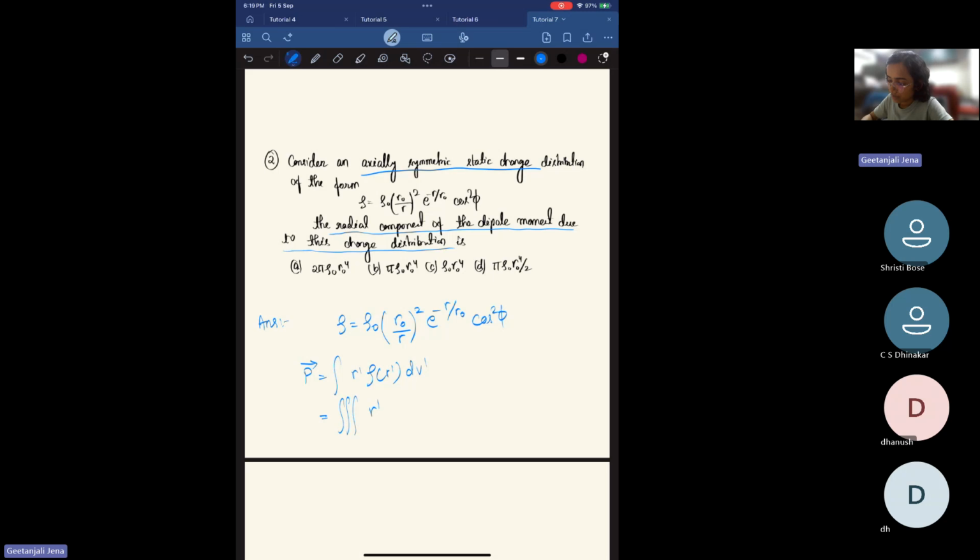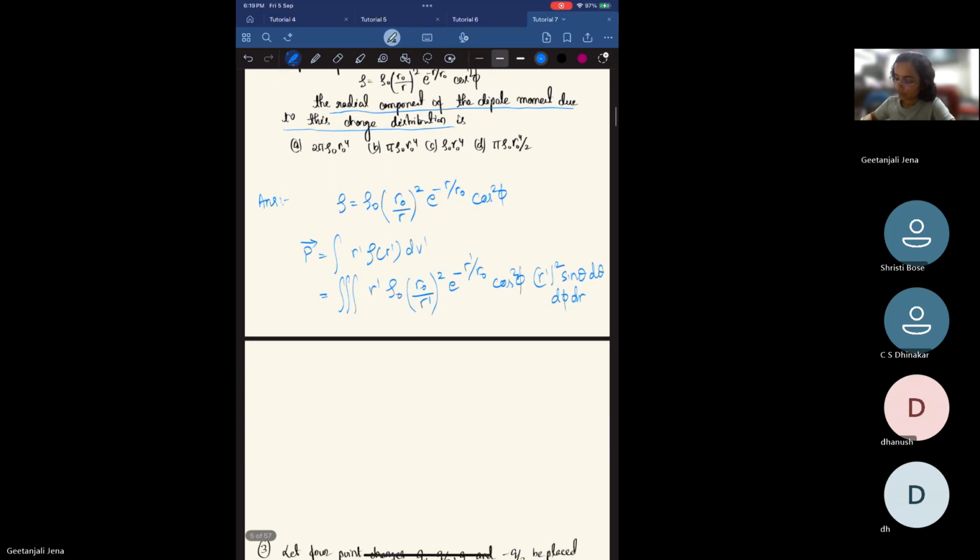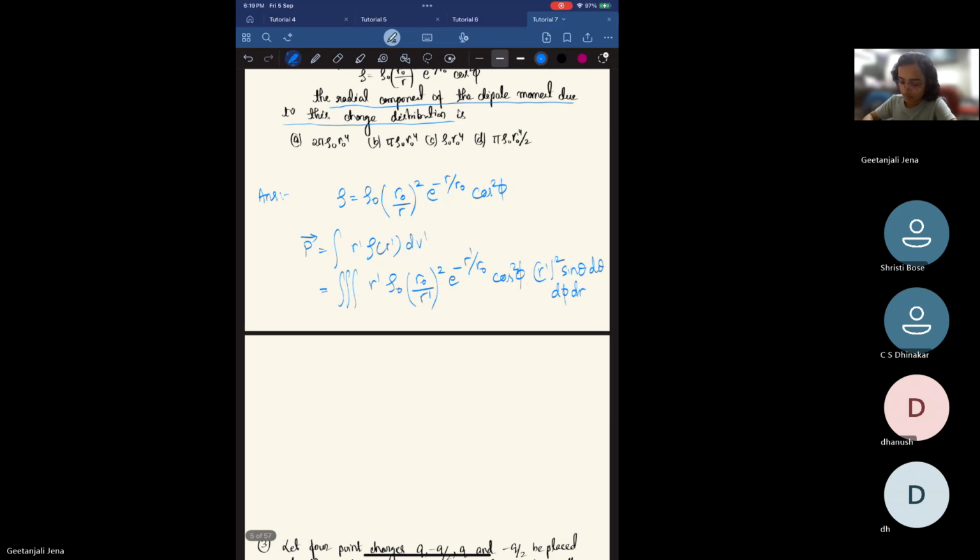So r prime rho 0 e to power minus r prime by r0 cos square phi, and dv will be r prime square sin theta d theta d phi dr. Now it's easy to solve because you know the integration limits.